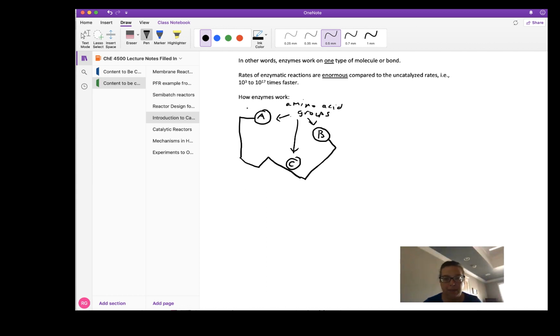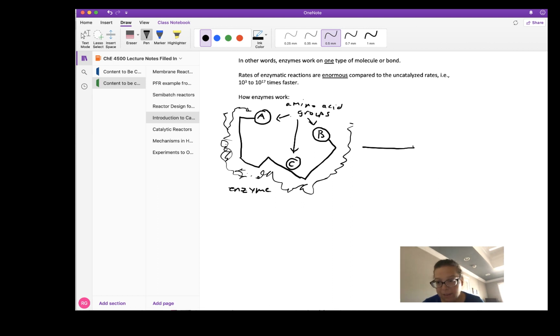And then all of this back here, this is some solid protein complex. So this is my enzyme. So I react this with a reactant molecule. So maybe the reactant molecule looks something like this.